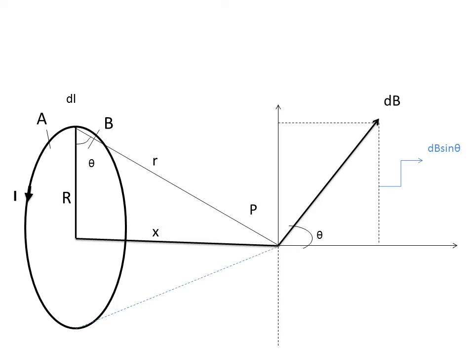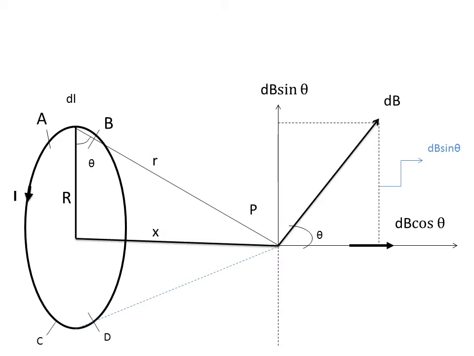If we complete the parallelogram, on the parallel side, that is on the y-axis, we have dB sin theta. The adjacent side of the triangle will be dB cos theta. So we have resolved dB into two components: along the x-axis dB cos theta, and along the y-axis dB sin theta.